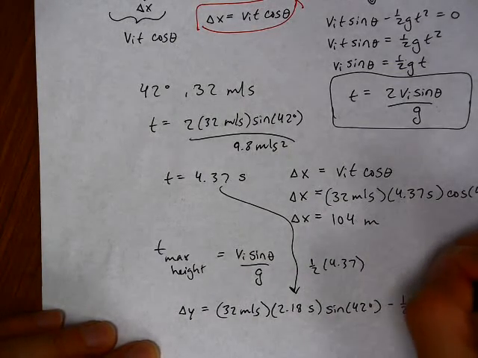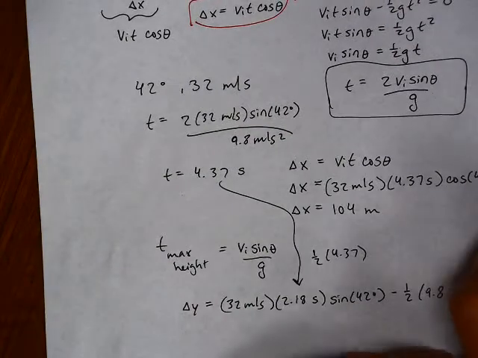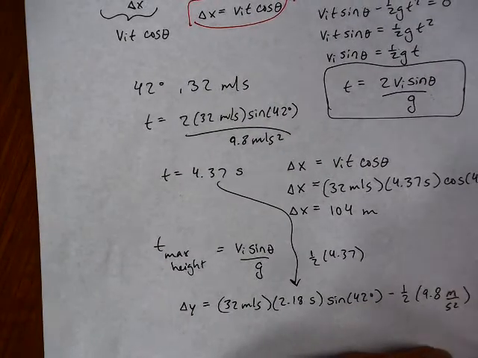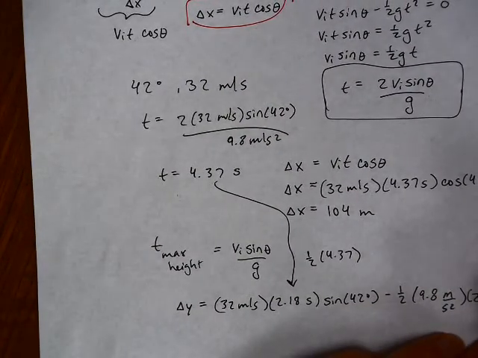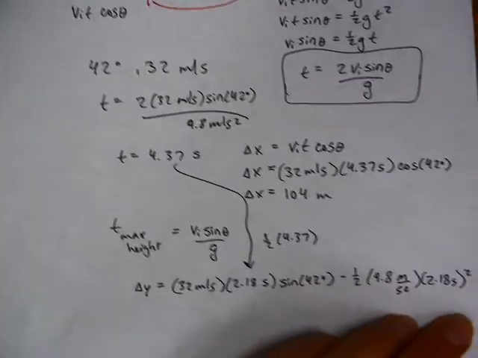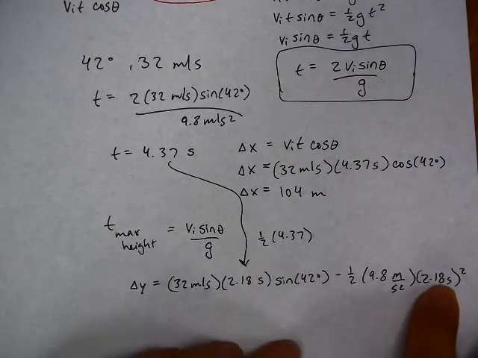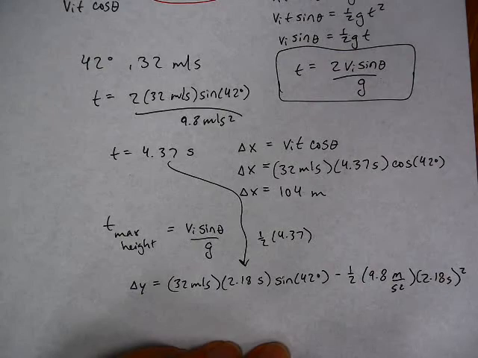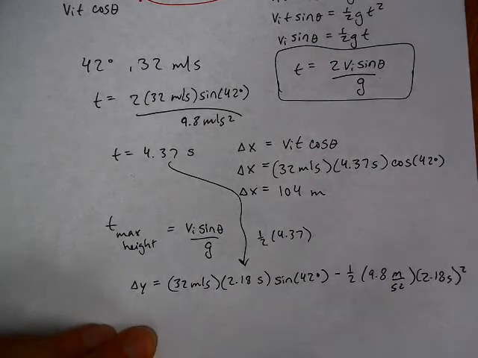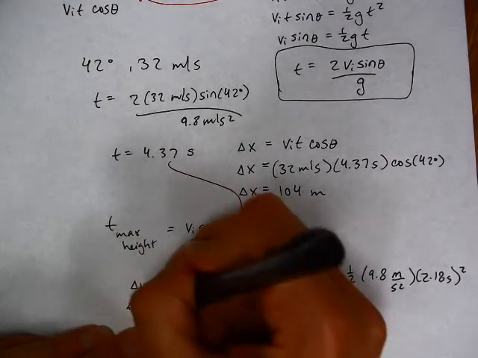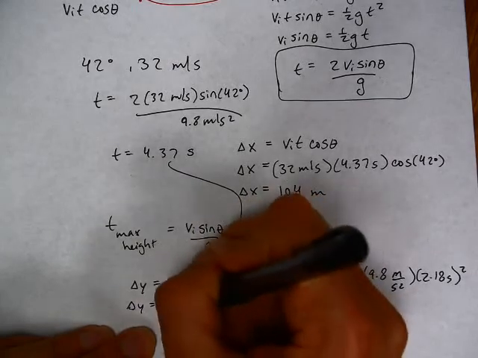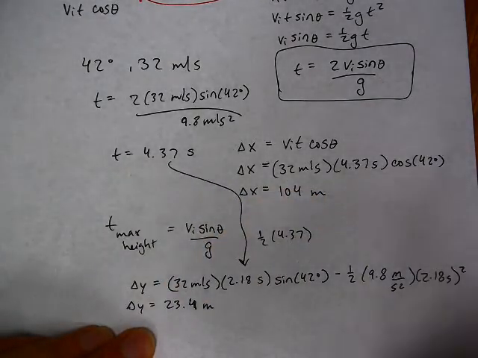Minus 1/2, 9.8 meters per second squared, times 2.18 seconds, all that squared. And delta y therefore equals 23.4 meters. So that's how high the object was at its highest point.